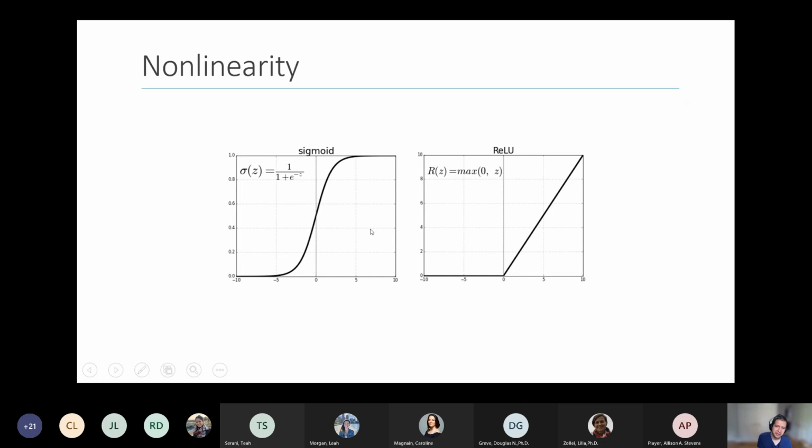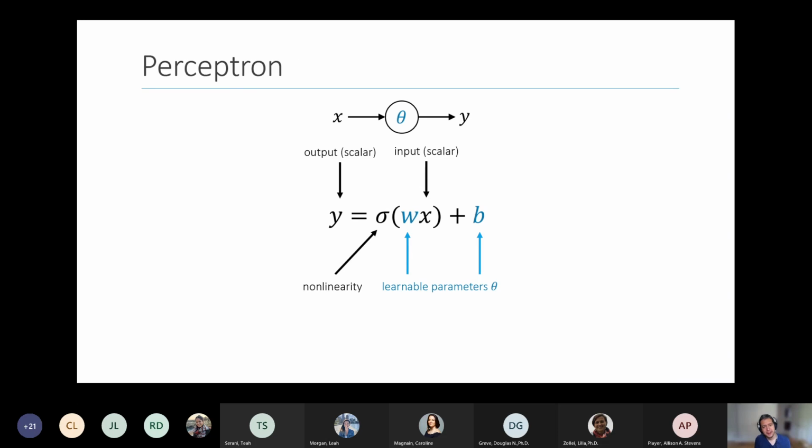So that's one nonlinearity. Here's another nonlinearity, which is basically two linear blocks. So a very, very simple nonlinear function, right? It's almost a linear function, but not quite. And that's really all there is to this. So this is, like I said, a very, very simple unit. But there are these two parameters that get learned, the weight and the bias.